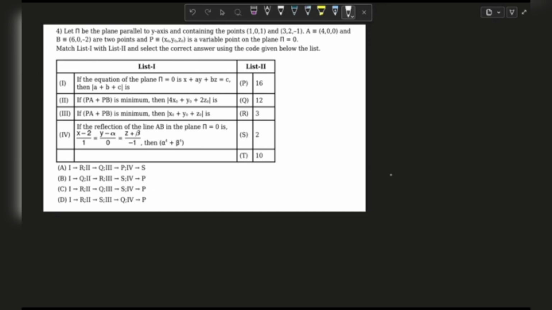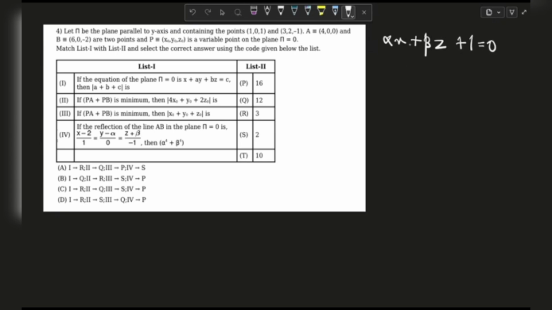Okay, so I'm starting off now. So basically we have pi. Pi is basically the plane which is parallel to the y-axis and containing the points (1, 0, 1) and (3, 2, minus 1). So because it's parallel to the y-axis, that means the coefficient is 0 for y. So this becomes alpha x plus beta z plus 1 equals 0.